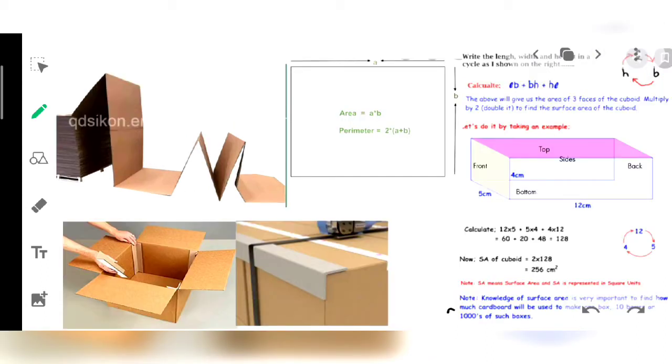When we take a cardboard sheet, we can see the sheet has only 2 dimensions, which are length and breadth. It has no other dimensions. In this sheet we have only length and breadth, and in this sheet we have only breadth and length. Likewise it will change, but it has only 2 dimensions.